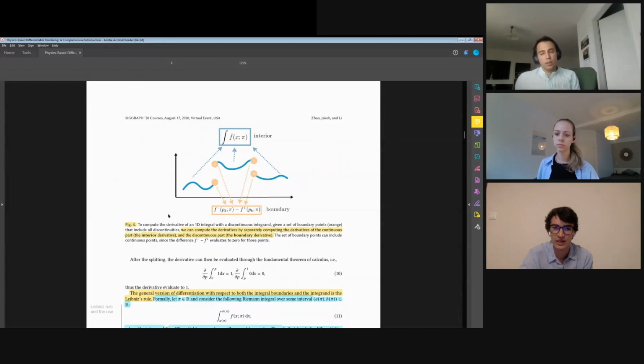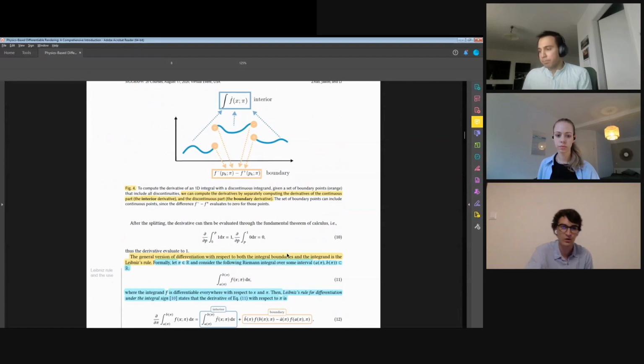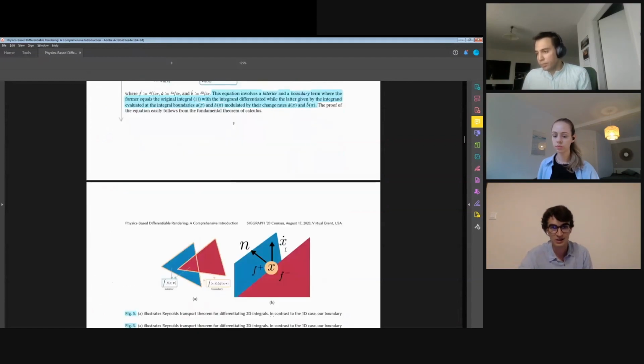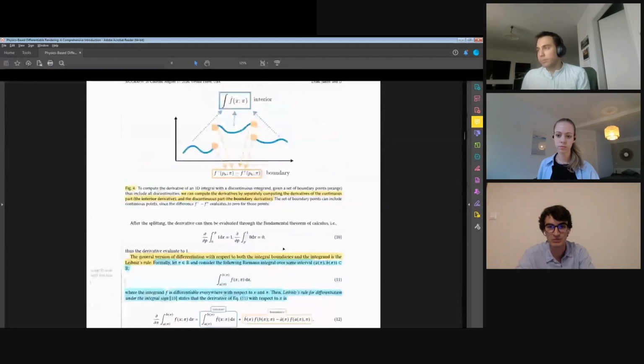I guess. So I think a really important concept that they also discuss here is that you actually can't differentiate the equation, the formula, but you can differentiate its integral. They mentioned this multiple times: even though the actual function is not differentiable, the integral of it can be made differentiable.